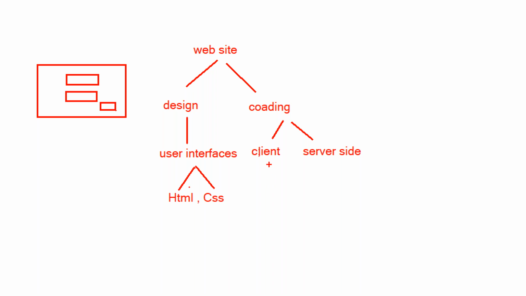For example, JavaScript, and the next level of JavaScript like React.js or Angular.js, all these technologies come under client side scripts. And server side, if you take ASP, JSP, PHP, these technologies come under server side scripts.